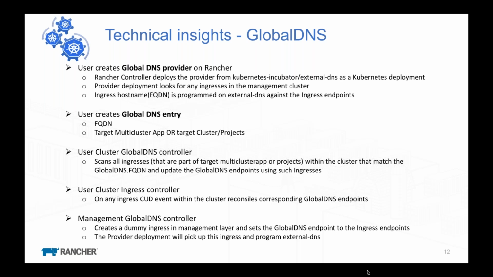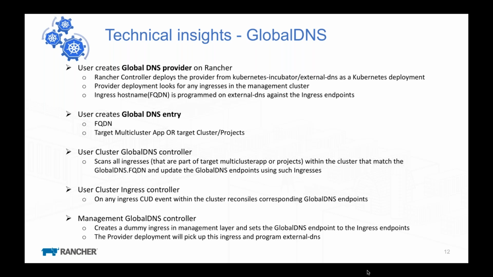Then the provider deployment from the Kubernetes repo looks for any ingresses in the management cluster of Rancher. So if any ingress with the host name or FQDN is programmed, the external DNS provider picks that up and programs its IP addresses onto the actual third-party DNS provider.